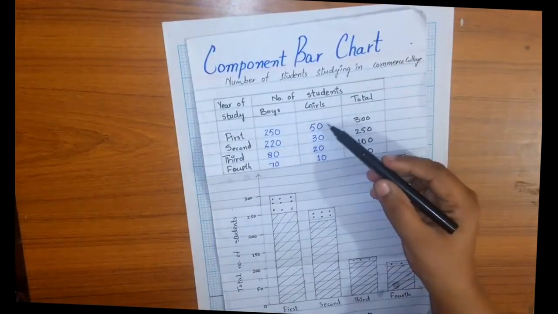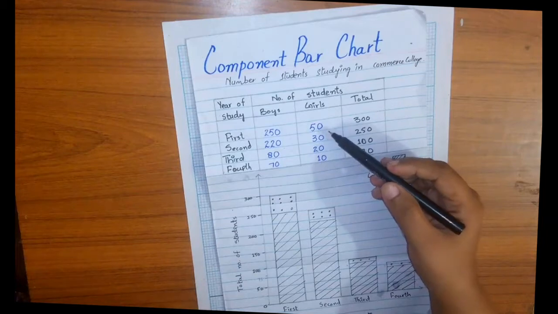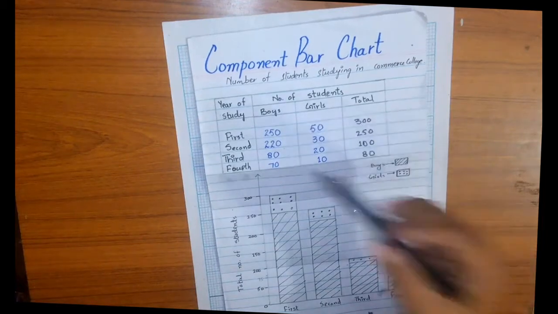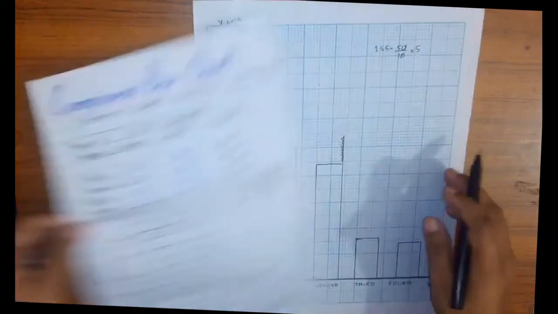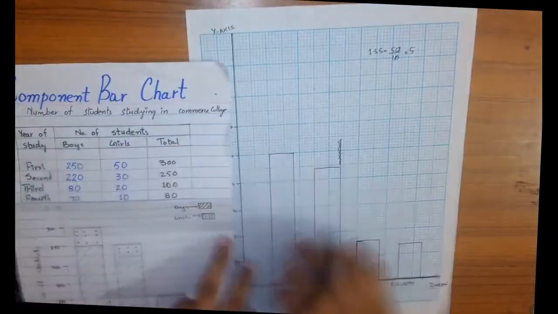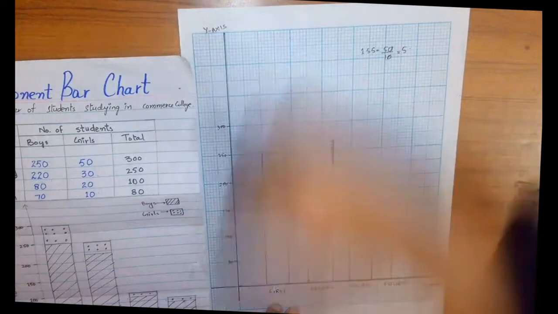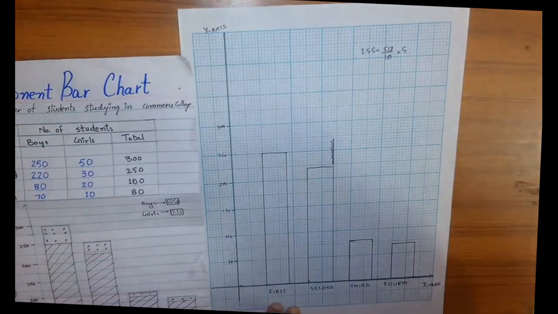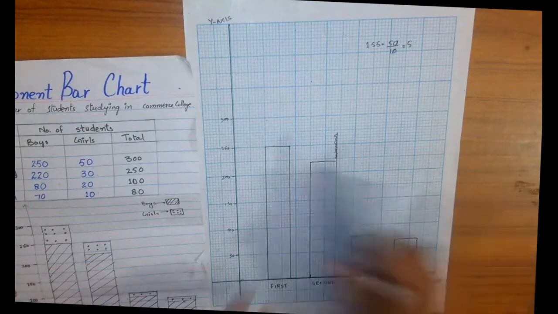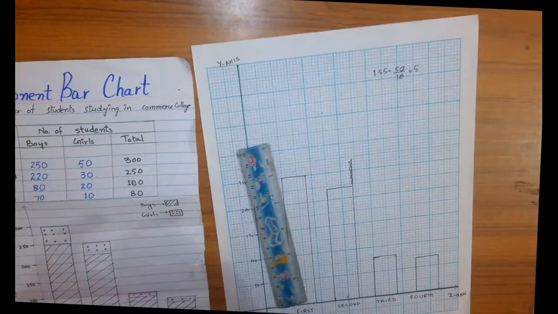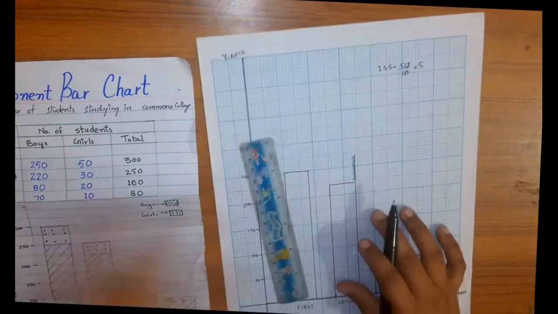Now we are going to construct bars for girls who are studying in different years, and we will construct these graphs for girls above the bars of boys. So it will look like a subdivided bar chart or component bar chart.